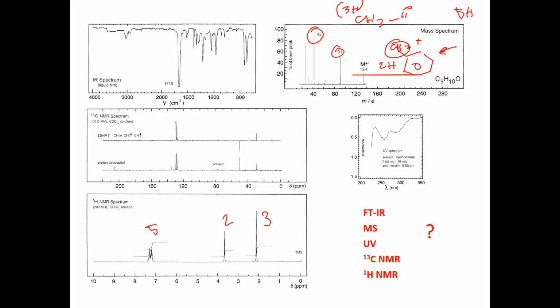What about carbon 13? One CH. One CH2. Then this one might be a CH or CH3. Those are aromatics. What can you tell me from the DEPT, apart from this position?